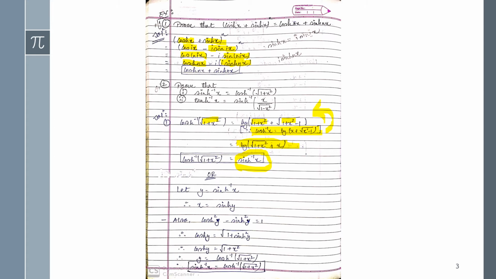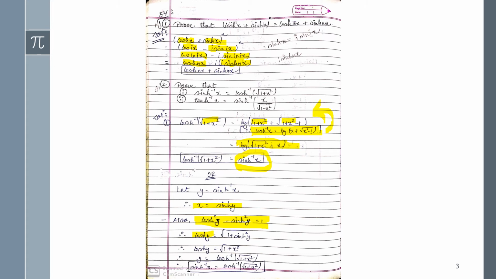To solve these equations, first we have to take a supposition, right? So taking y equals sine h inverse x, then you have to apply sine h on both sides, and here I am using its hyperbolic functions for cos and sine. Okay, so by using this formula and making cos the subject, because you need cos here, you can also make sine the subject, but here I have made cos h y the subject, so that it will be under root of 1 plus sine h square y, and sine h square y, that is x square.